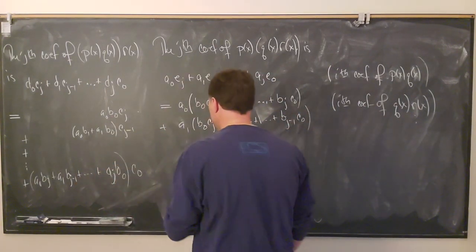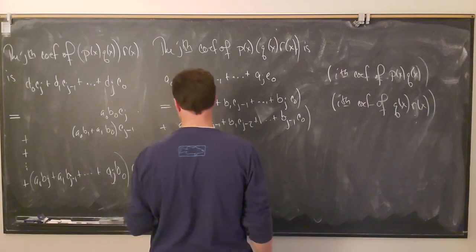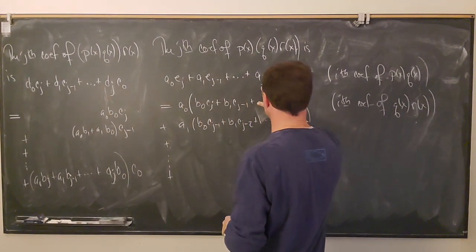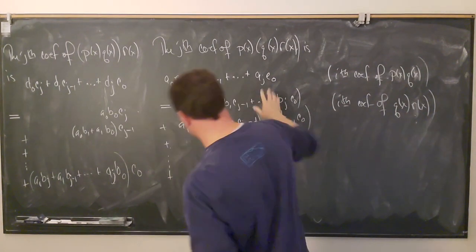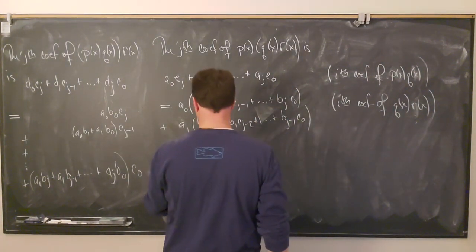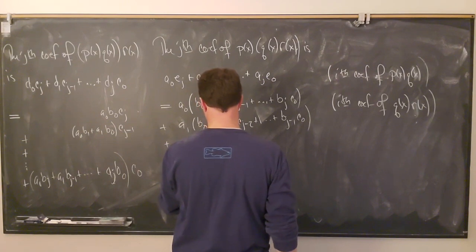Yep. Okay, and then you keep going until the last one, A sub j times E0, is just going to be A sub j times B0 C0.